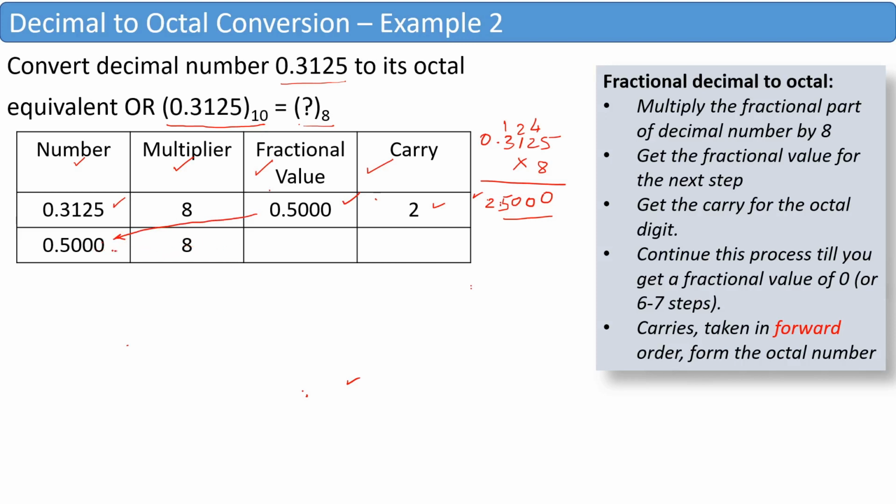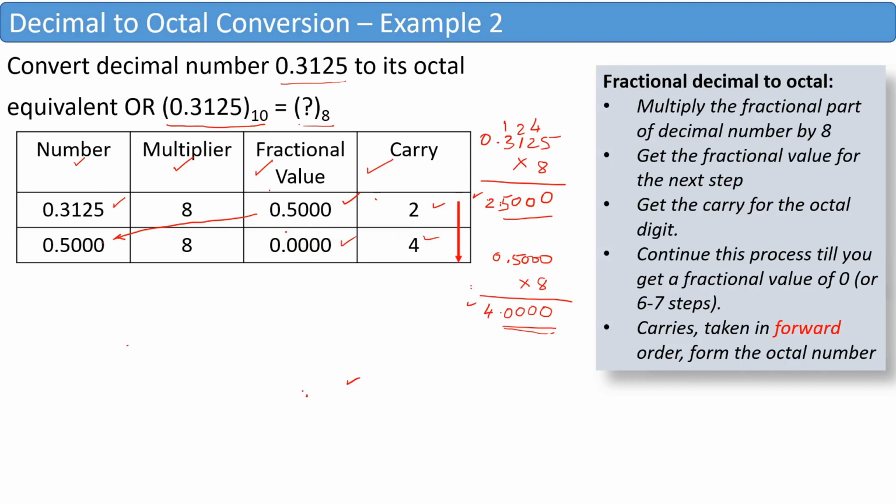So 0.500 multiplied by 8: 8 5 times is 40, 0 with a carry of 4. So we write the fractional part 0.00 in the column here, and the carry becomes 4. And now since we have the fractional value of 0, we can stop the process.